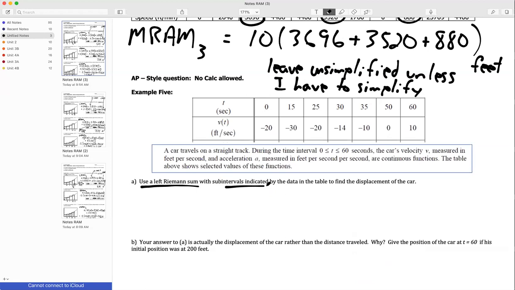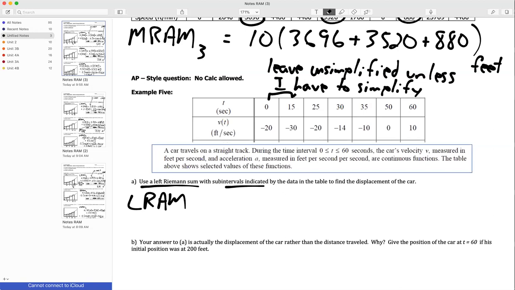And so again, we are going to use a Riemann sum to find the displacement because the area under a velocity curve gives us displacement. And we are using an LRAM. There's no subscript because they are unequal subintervals. My first rectangle will have a width of 15.